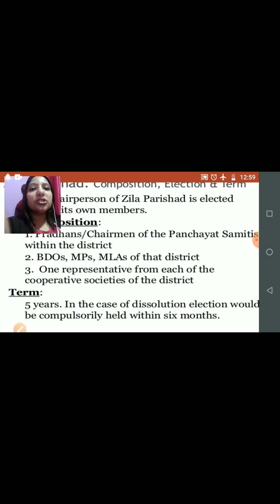Important officers of the district, like your collector, the district judges, and the district police officers, are all members of the Jilla Parishad. And as in your block samiti, there will be seats reserved for the scheduled castes, scheduled tribes and other backward classes. Then there will be a seat reserved for women as well. So this is the composition of your Jilla Parishad.